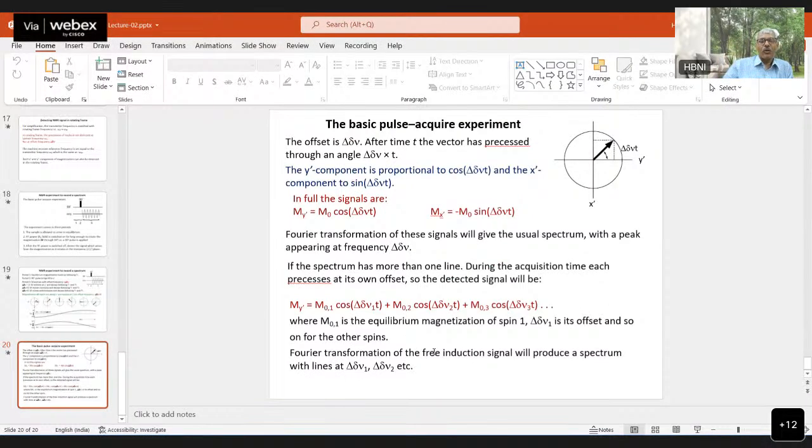So that completes the second part of pulse NMR, using both the static or laboratory framework as well as the rotating framework.